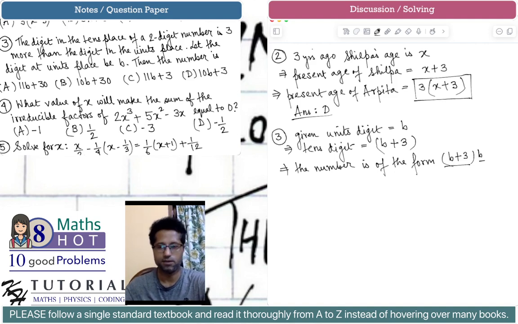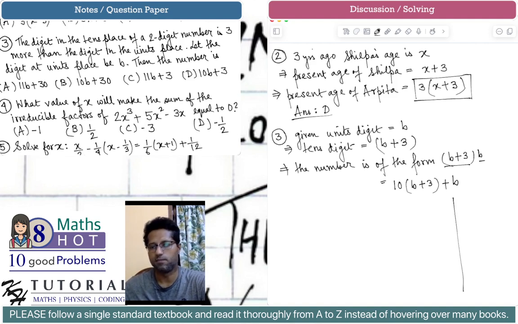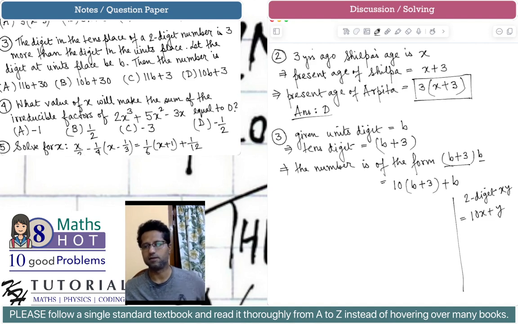If you express this number in the standard form, it will be 10 into b plus 3 plus b, because any two-digit number xy in the standard form is equal to 10x plus y, where y is the digit at the units place and x is the digit at the tens place. So the number is 10 into b plus 3 plus b.